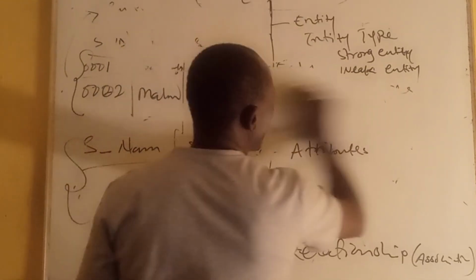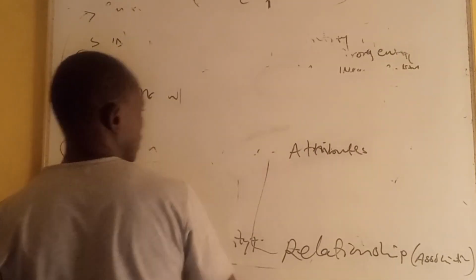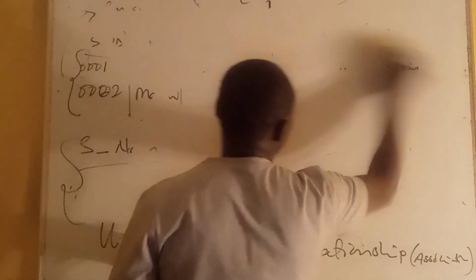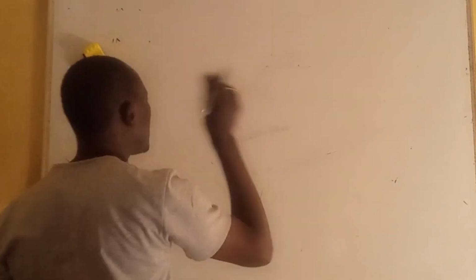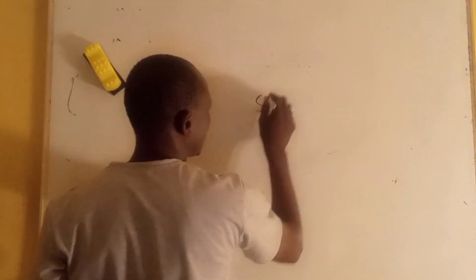So we are going to look at the attributes here. Attributes are the characteristics of the entity. Let's assume we have this entity called student.